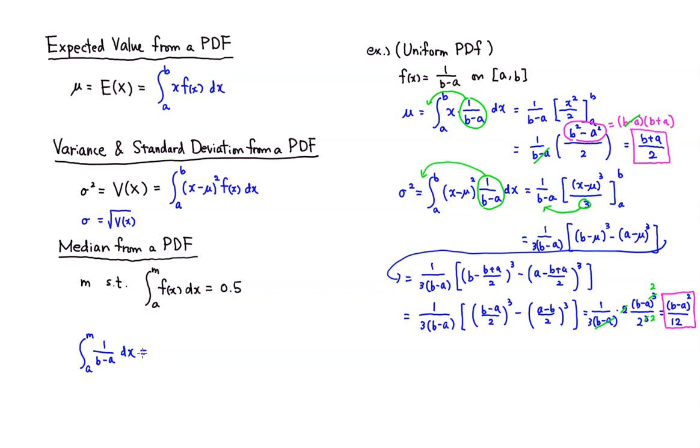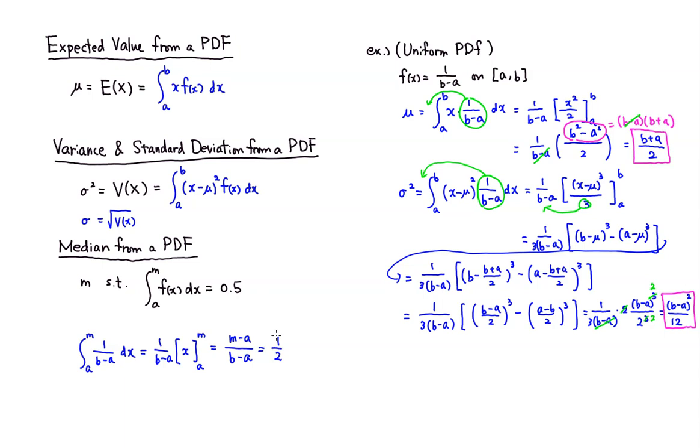So let's compute this first. 1 over b minus a is just a constant. Antiderivative of 1 is x. You're going from a to m. So what you get is plugging m minus plugging a over b minus a. So we need that to be 0.5, or maybe I'll do 1/2. How about that?